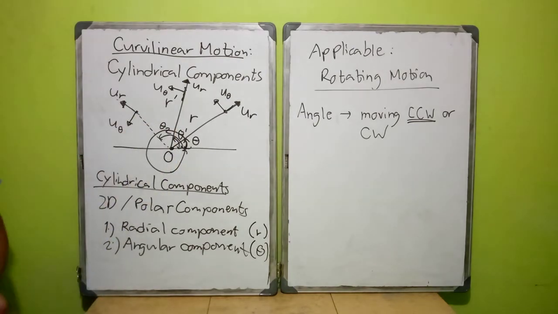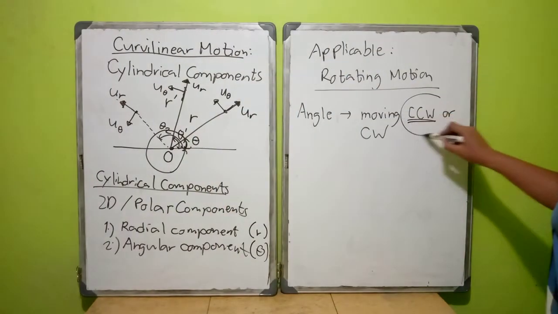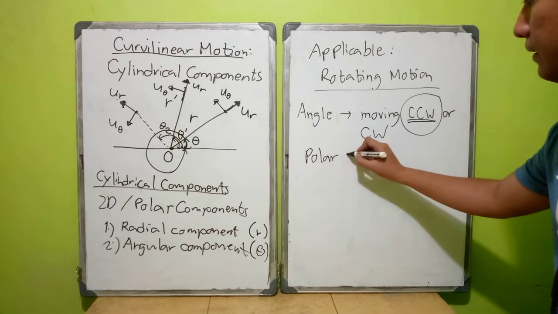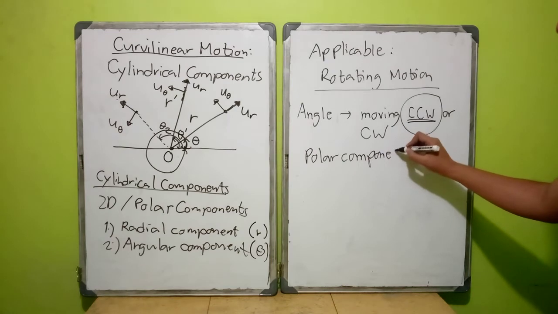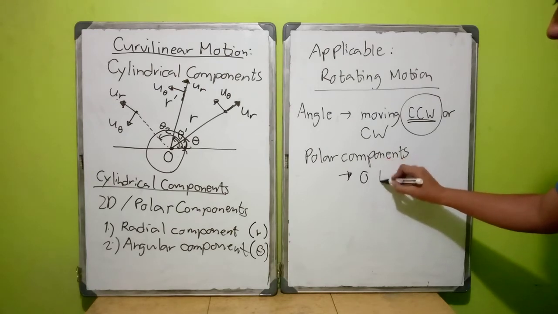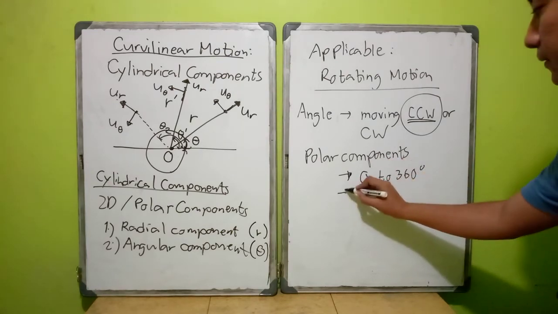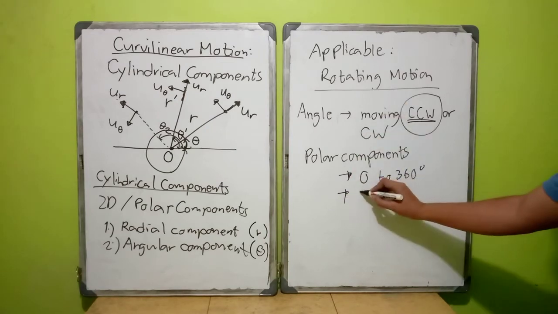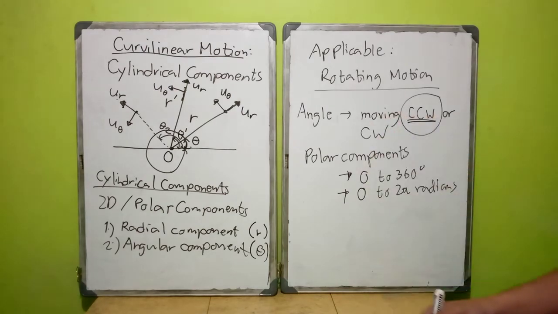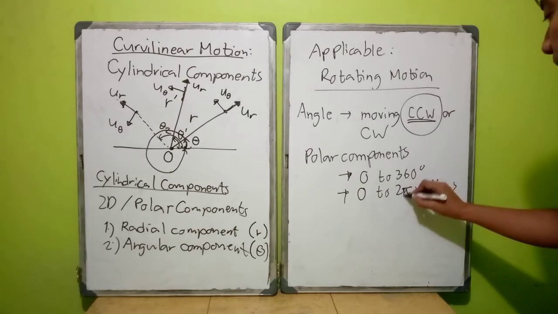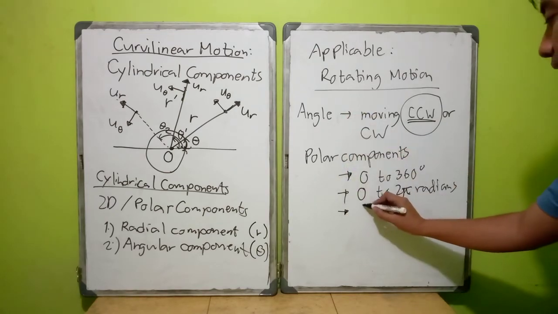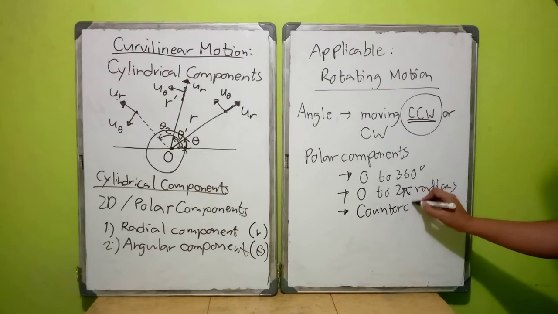The most common way is that in polar components, the diagram is drawn from 0 to 360 degrees, or 0 to 2 pi radians, rotating counterclockwise.